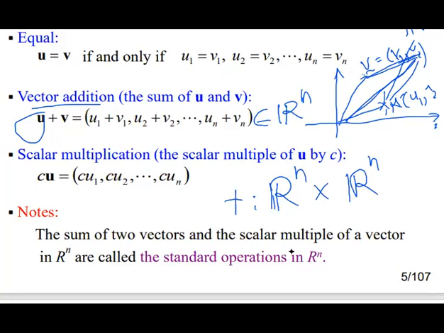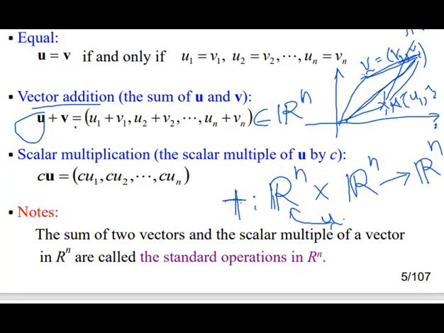When you operate on these two, you get another element in Rn. So I will write that: u, when you add u, this is an element in this set.